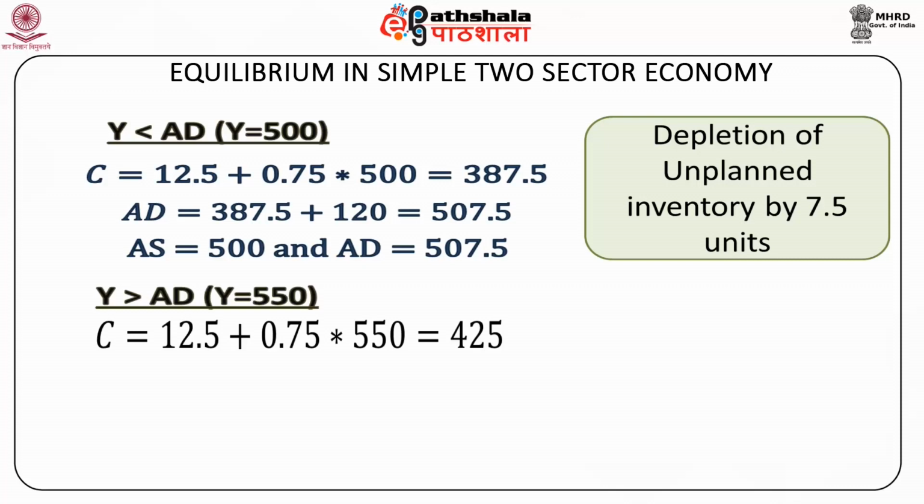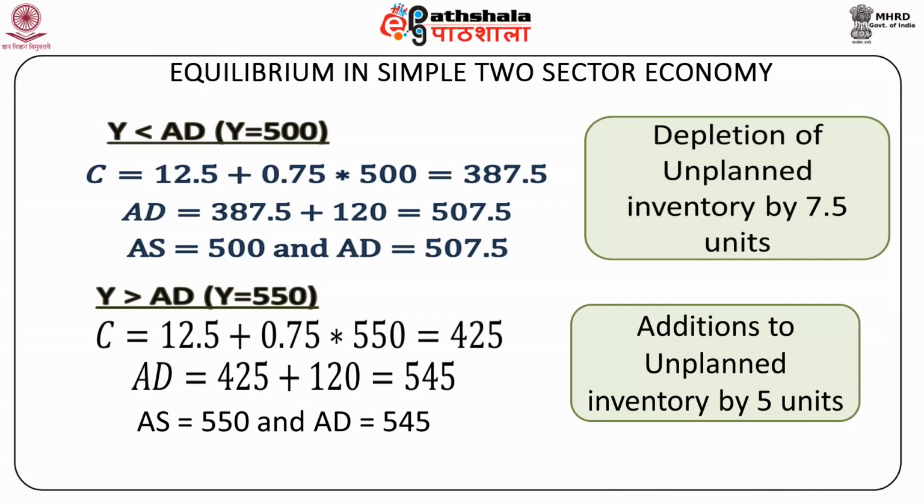So AD is equal to 425, that is consumption, plus 120, that is investment, and is equal to 545. AS is the level of production, that is 550. In this case, AS is greater than AD and there is unplanned addition to inventory stock by 5 units.